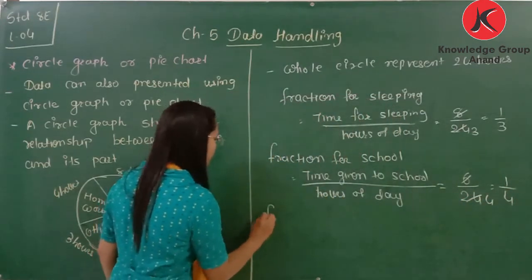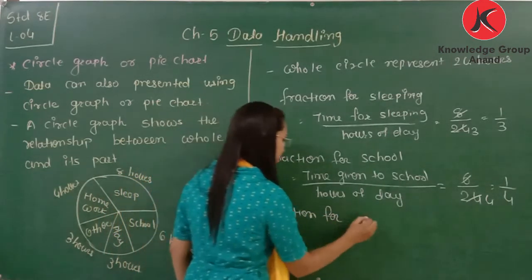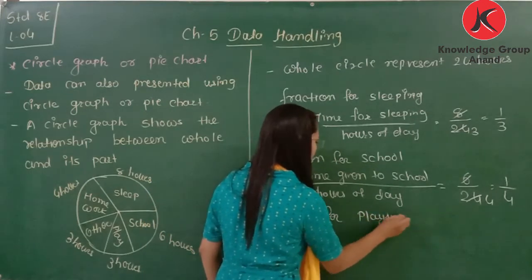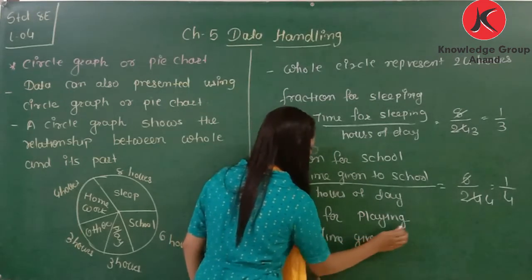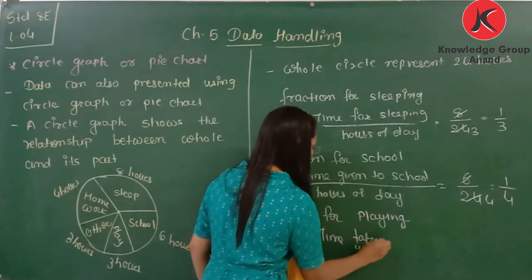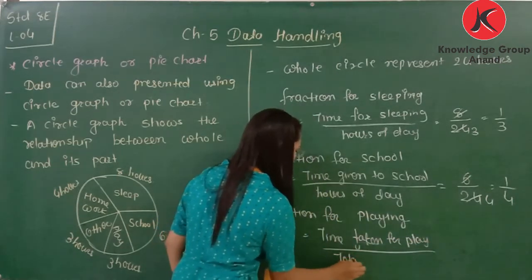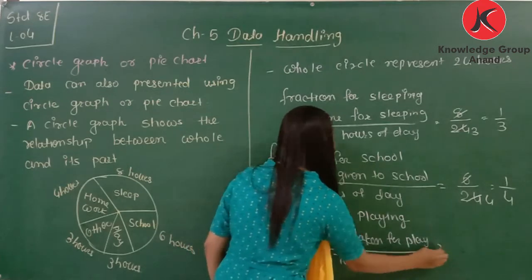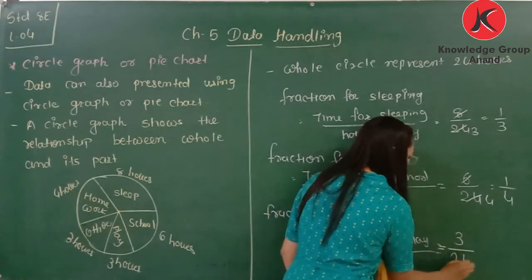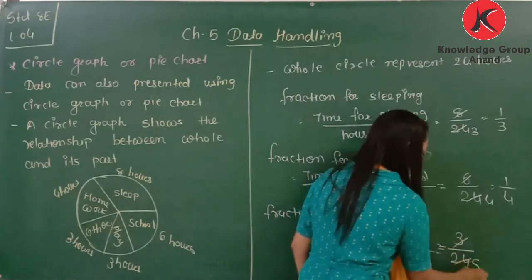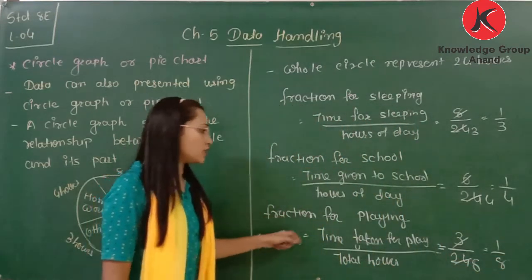Now we can find the fraction for playing: time taken for playing divided by total hours. The student gives 3 hours out of 24 hours, so it is 1 by 8. Means 1 by 8 part of the circle is given to play.